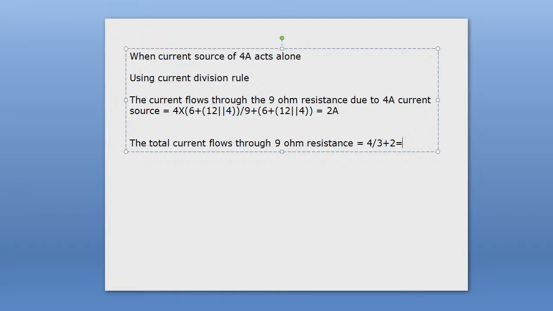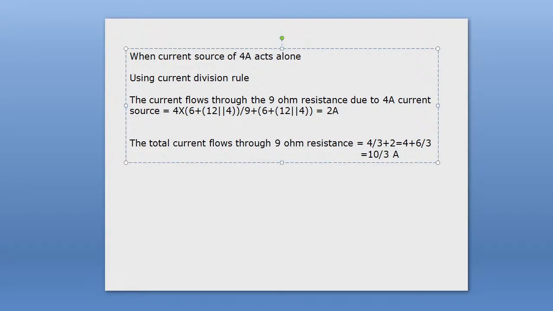10 by 6, 4 plus 6 divided by 3. So you will get 10 by 3 ampere. Everyone verify it yourself, 10 by 3 ampere.